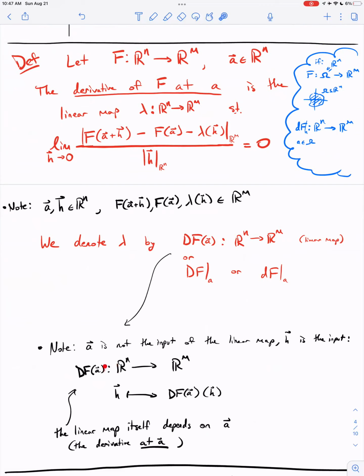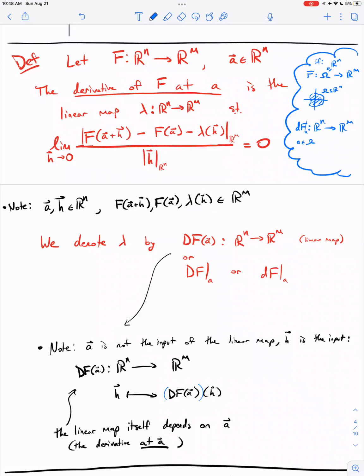I've already plugged in a into this expression, and now I end up with a linear map. So what I plug in is h. It makes sense to say plug in h, this vector, into this linear map df a of h. So this is all like one thing, sort of.